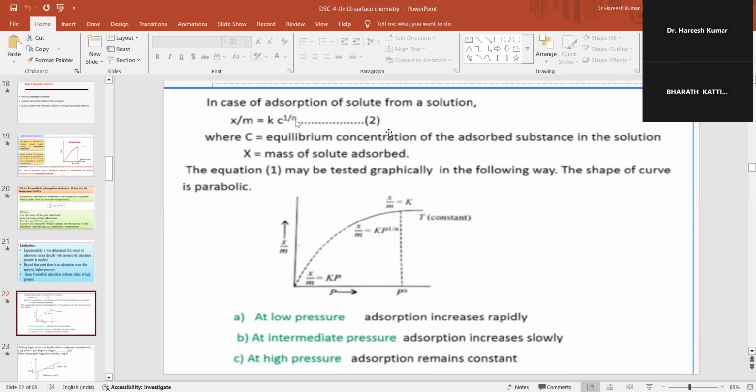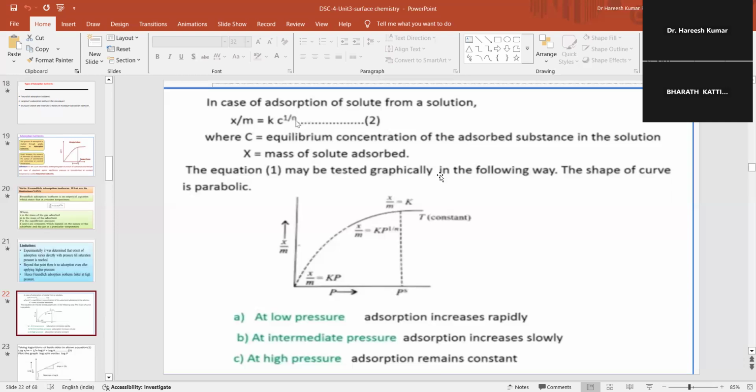Equation 1 is x upon m is equal to k into p to the power of 1 upon n, with respect to gas. This one is with respect to solute and solution. Here, C is the equilibrium concentration of the adsorbed substance in the solution, and x is the mass of the solute adsorbed.